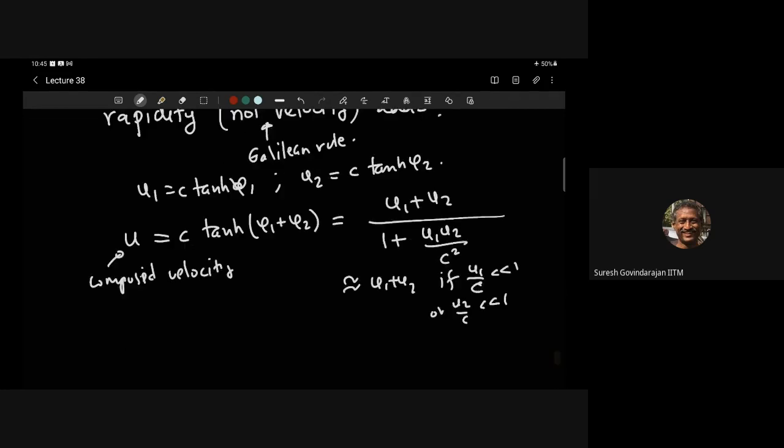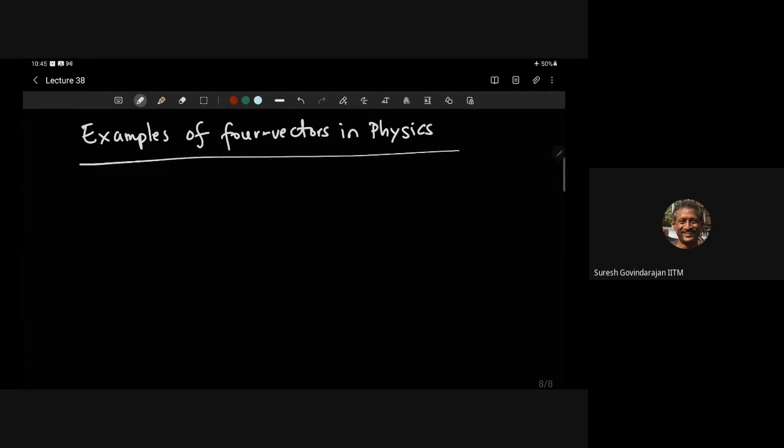So what we'll do today is see examples of four vectors. We have already seen one, the four vector a. I'll give you a second one, called the energy momentum.